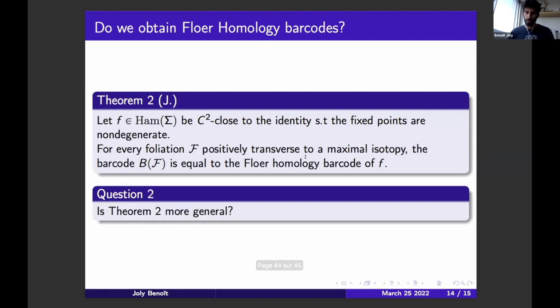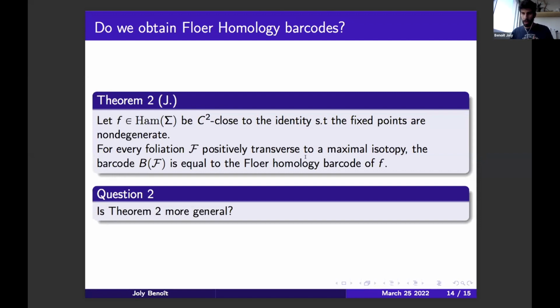And so the main question is, is it more general, and can we find a way to construct barcodes dynamically for Hamiltonian homeomorphisms with those kinds of tools?